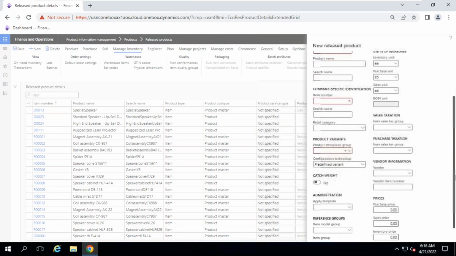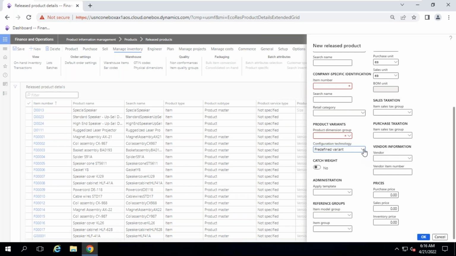Now predefined variants, dimension based configuration, constraint based configuration are available. In 2012, you will find predefined variant, dimension based configuration, then rule based configuration as the third one, and the fourth one is constraint based configuration. Okay, fine.